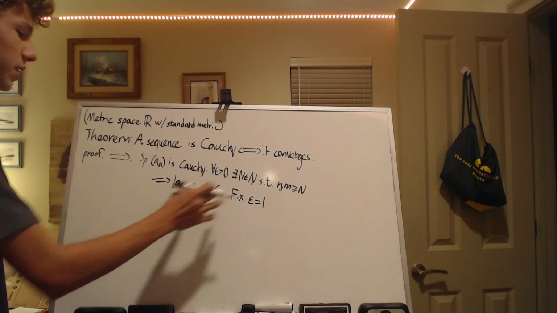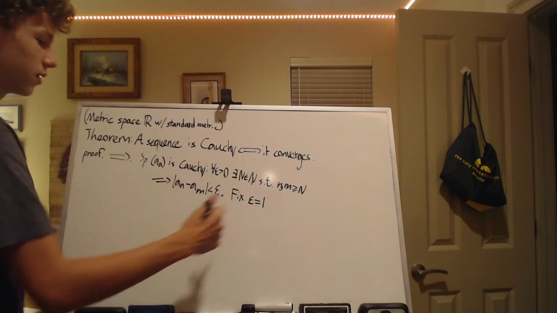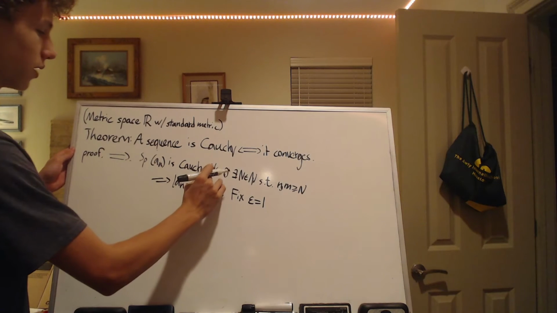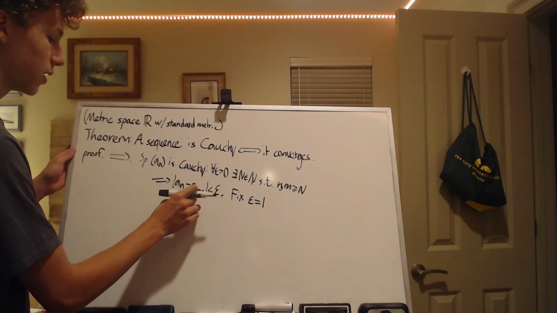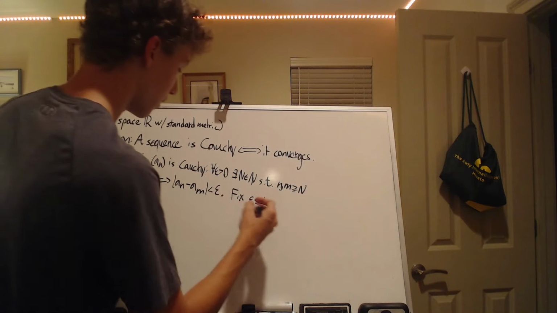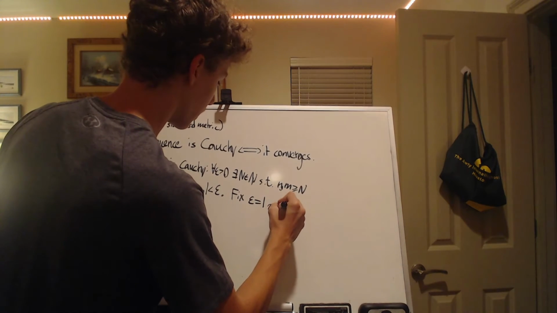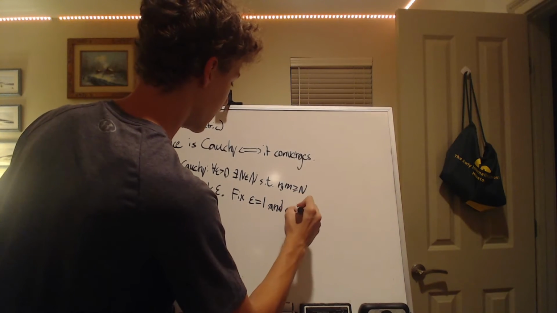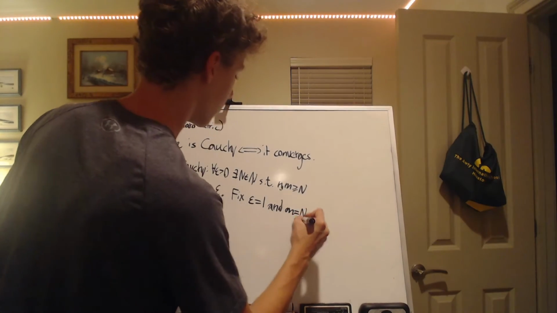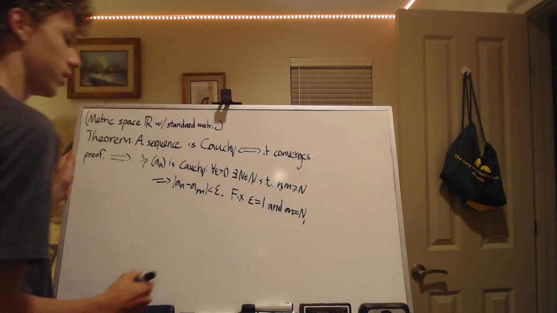This is fine, right? Because this holds for all epsilon, so we can find a capital N such that this holds. And we're also going to let m be equal to capital N. And this is valid, right?